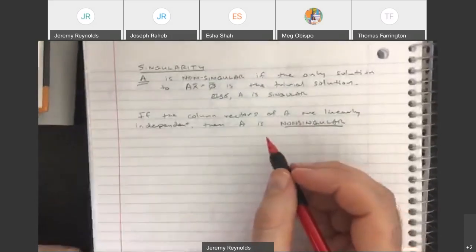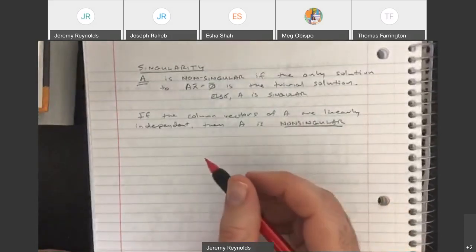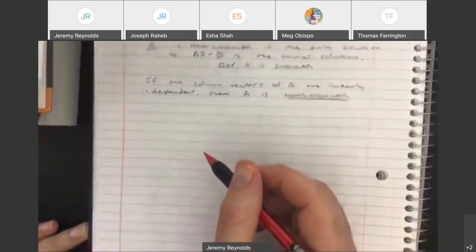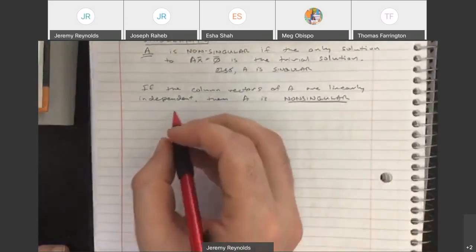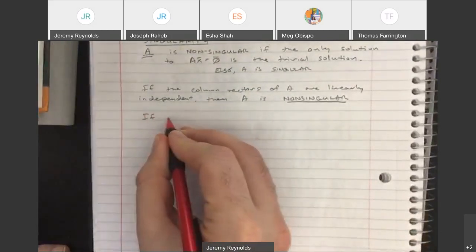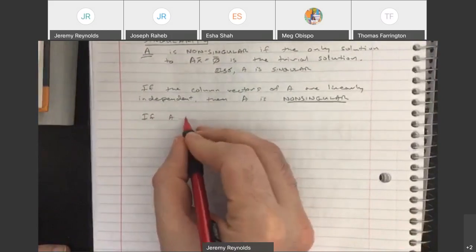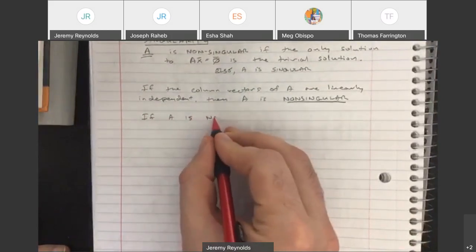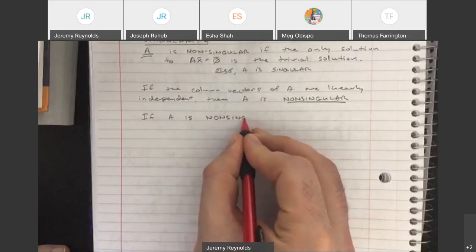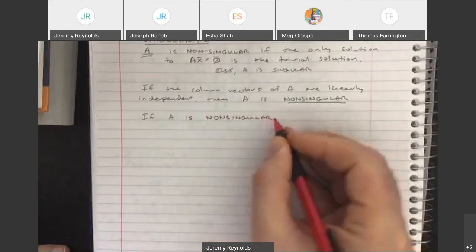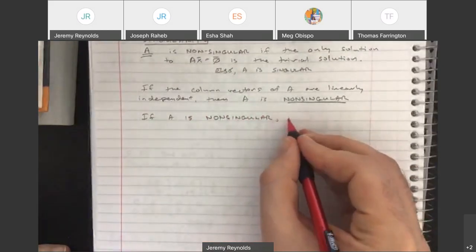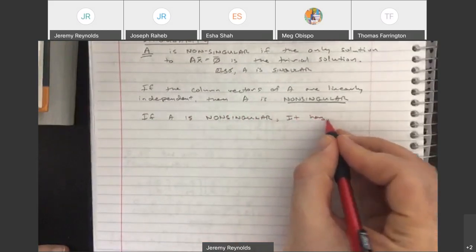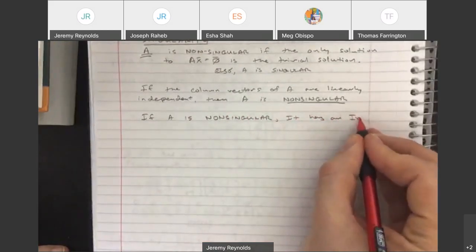Okay. So what are some basic traits of a non-singular matrix? So one important thing, in addition to being able to find that unique solution, if A is non-singular, then it has what we call an inverse.